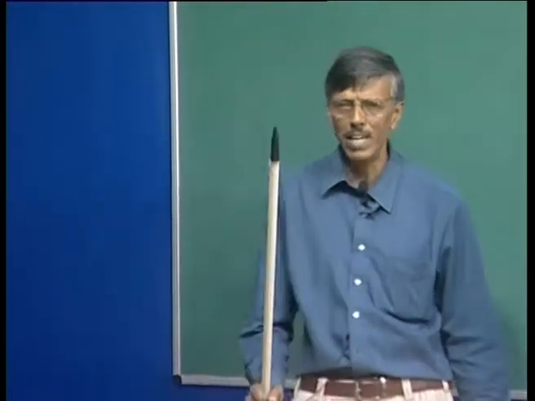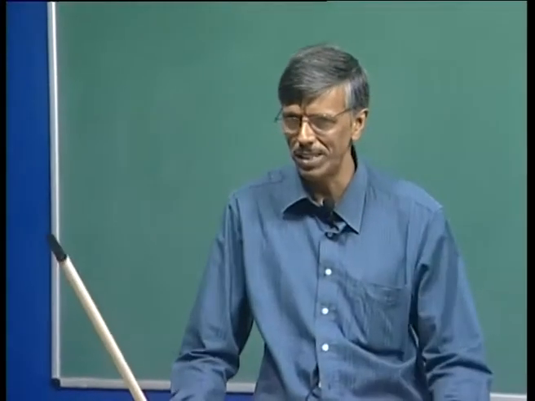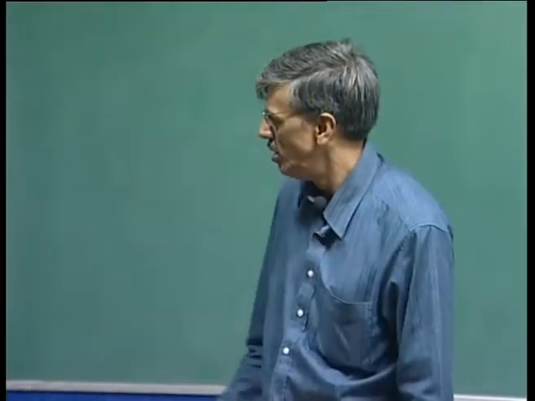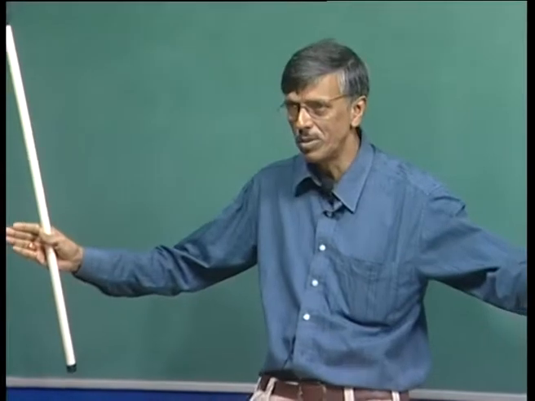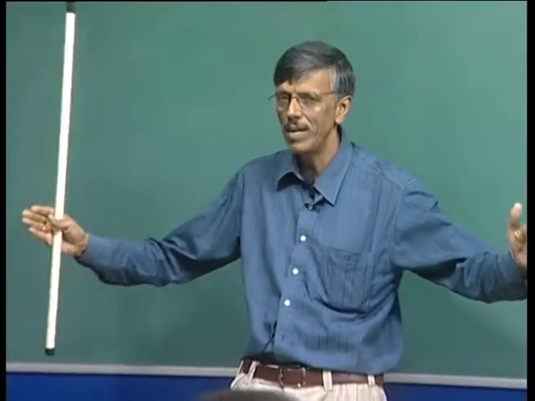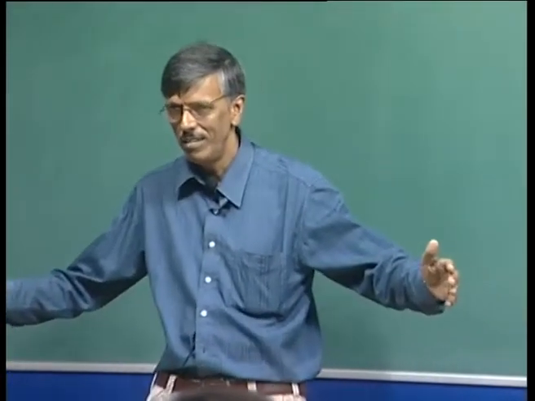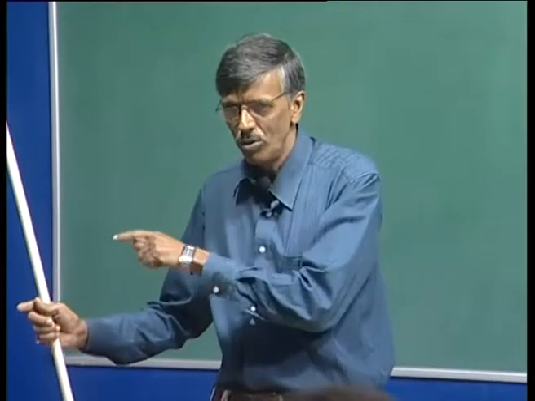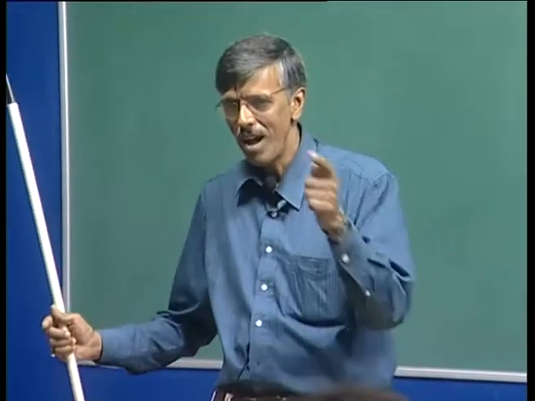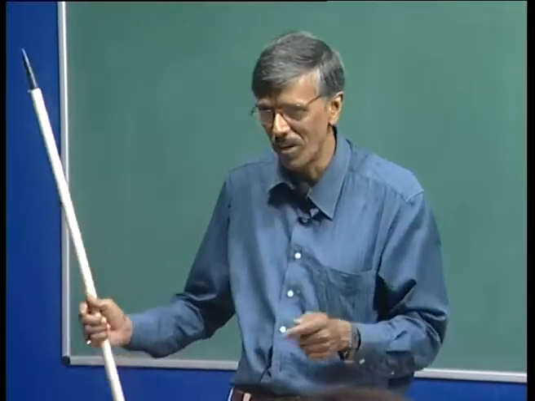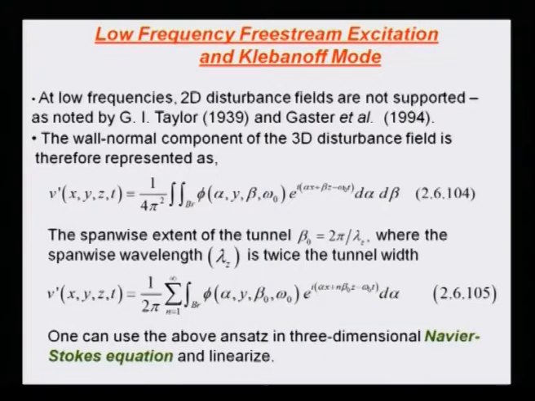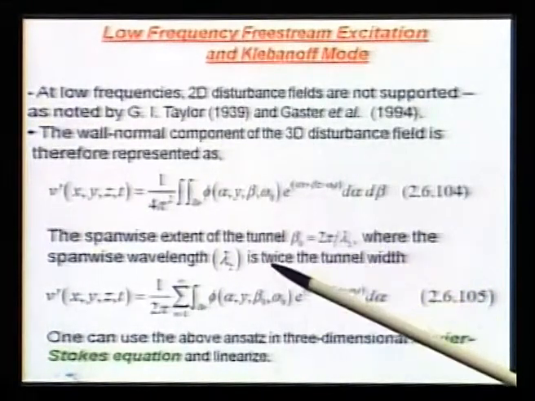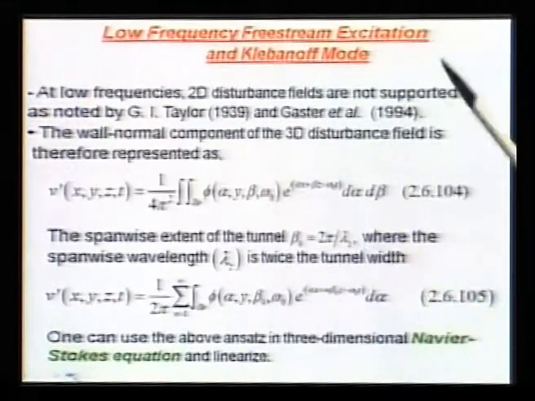Now, basically, whenever I do some experiment in a wind tunnel, it has sidewalls, right? So the distance between the two sidewalls can be at most 2 nodes. So that will be half the wavelength, right? So I can actually find out the tunnel width, multiply by 2, and I get a span-wise wave number.